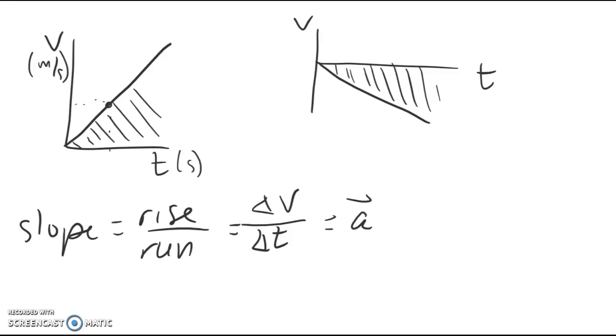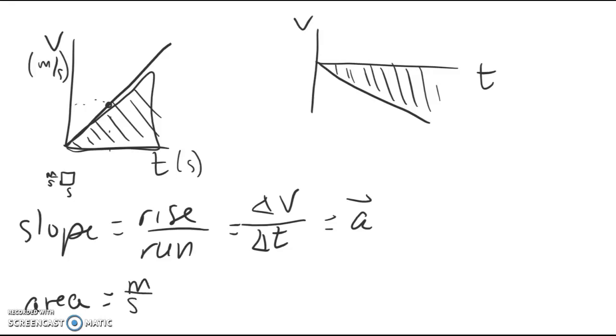So getting to how to compute that, or what that area would tell us. Here, if we were trying to find the area from here to, let's say, there, we have to deal with a triangle, so that'd be 1/2 times base times height. But basically, if we're trying to find some small area here, that's going to be meters per second multiplied by seconds, since that's my vertical axis and horizontal axis.